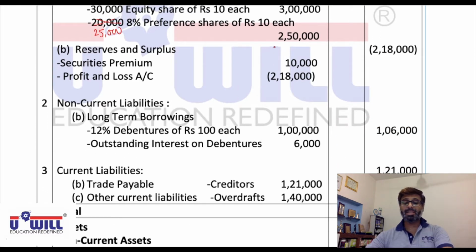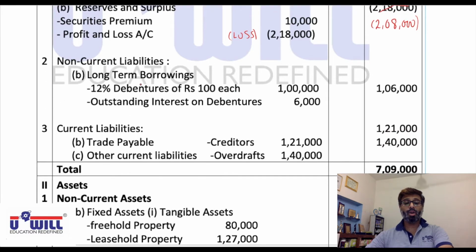Reserves and surplus, security premium 10,000, profit and loss account. Negative, in bracket, means it's a loss of 2,18,000. Here also make the correction. Instead of 2,18,000, minus 218 plus 10, it should be minus 2,08,000. Okay, make it minus 2,08,000, not 18,000, 8,000. Non-current liabilities, long-term borrowings, 12% debentures of 100 each, 1 lakh.